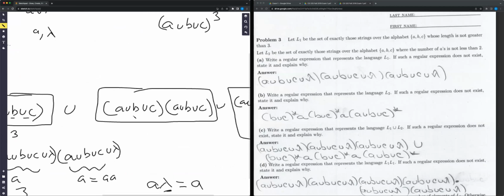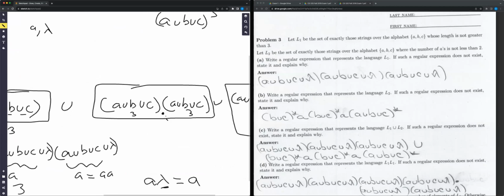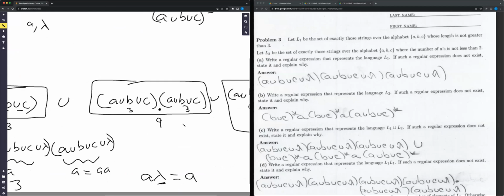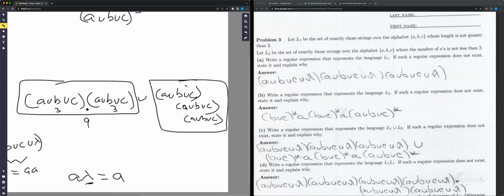There are 3 options here and 3 options here, and they're concatenated, so when we multiply them we get 9 possible options. It's like combinations in a probability and statistics class: shirts and pants, how many outfits can you make? In this one it's the same thing: 3 options here, 3 here, 3 here, which means there are 27 possible strings.